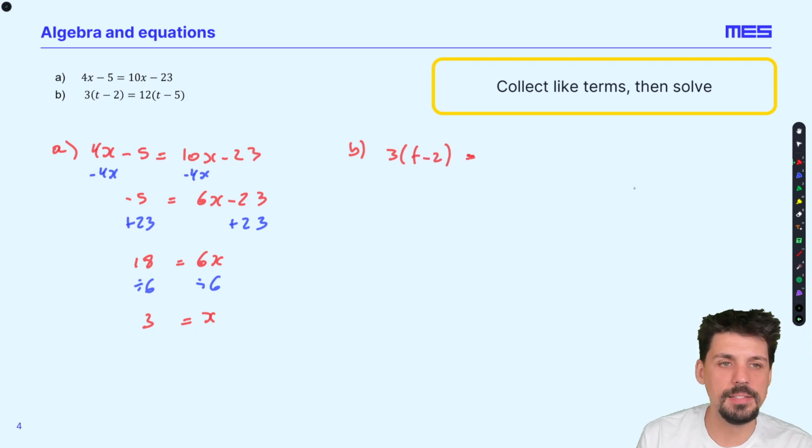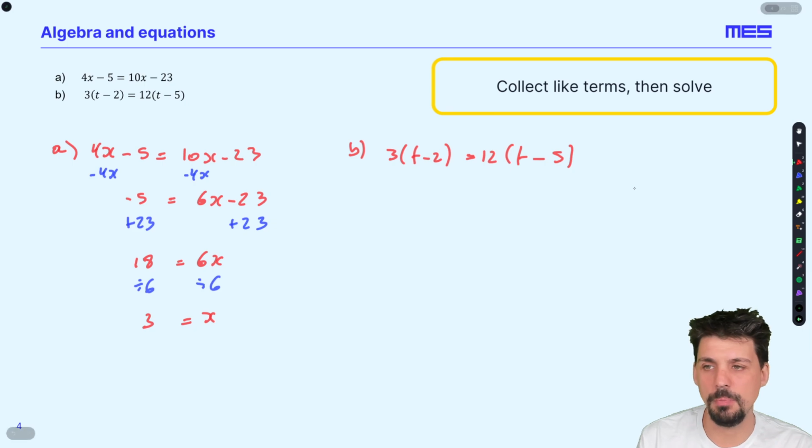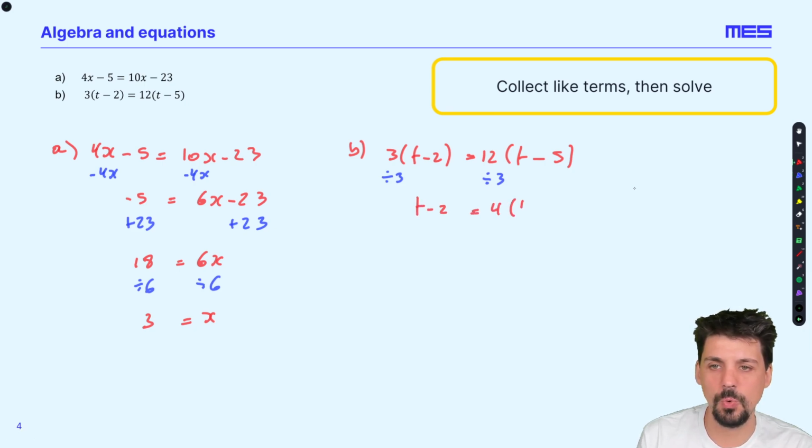Right, now brackets. Let's say I don't want to deal with these brackets on both sides. What you could do instead of expanding both sides is, in fact, I could divide both sides by 3. Because that will just give me t minus 2 is 4 times t minus 5. Now I'm afraid I'm out of funky stuff, so I'm just going to have to expand this out.